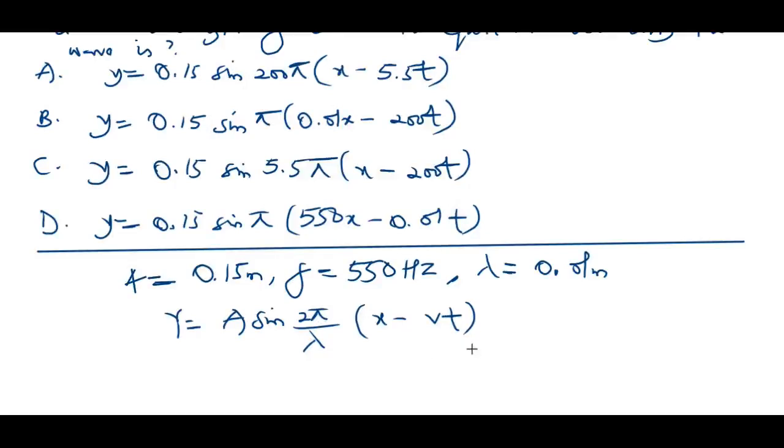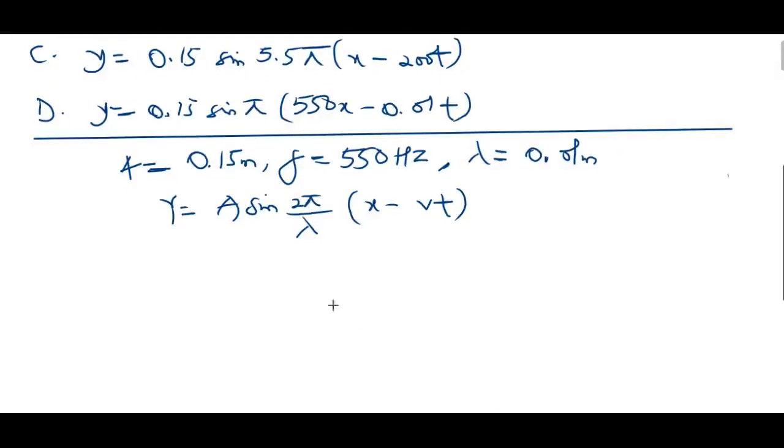So if it is traveling on negative x direction, that will be vt minus x. But since we are told it is positive x direction, that is from left to right, that is x minus vt. So this is what we are going to solve before we can pick any of these options.